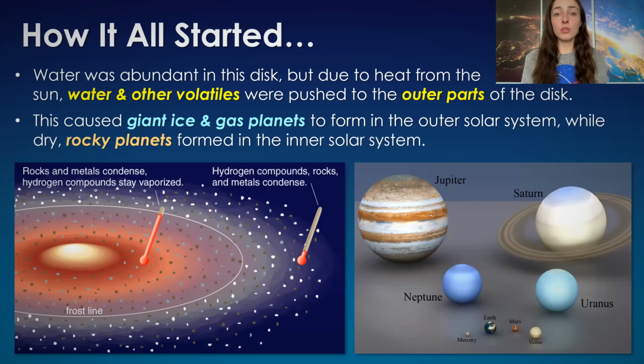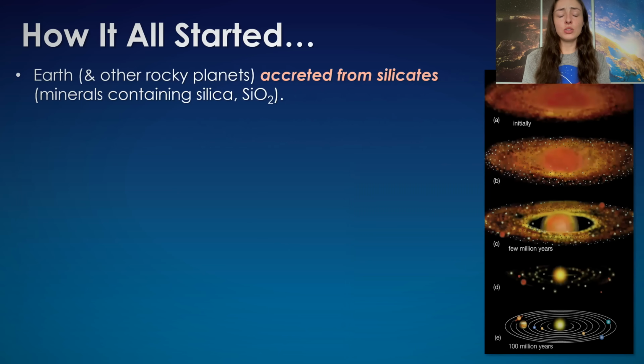This caused the formation of the giant gas and ice planets that we know so well in our outer solar system, while the tinier rocky planets formed in the inner solar system, where it was mainly rocky rather than icy and gassy material. So Earth and the other rocky planets formed from accretion of silicates, basically minerals that contain silica, which is silicon dioxide.